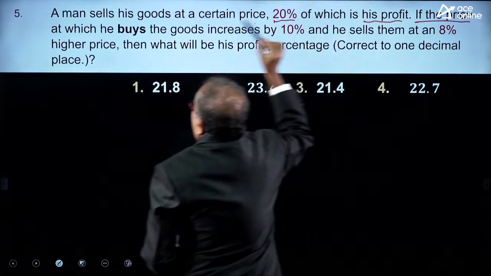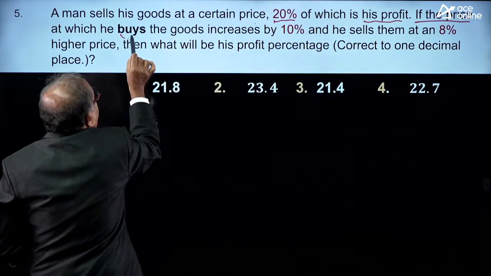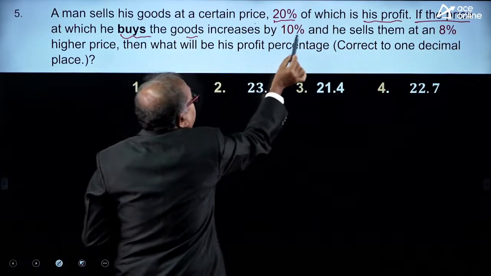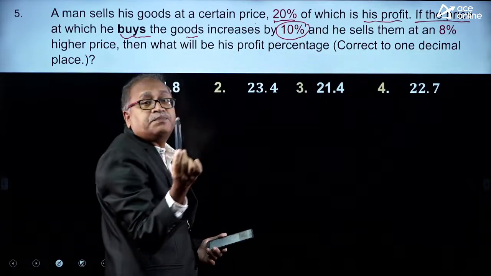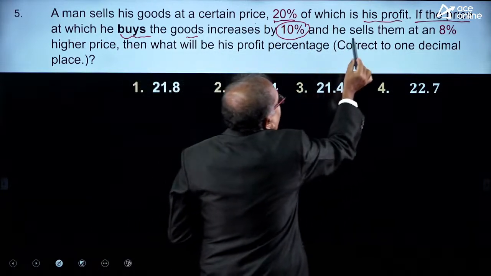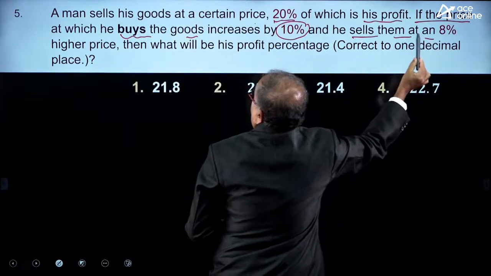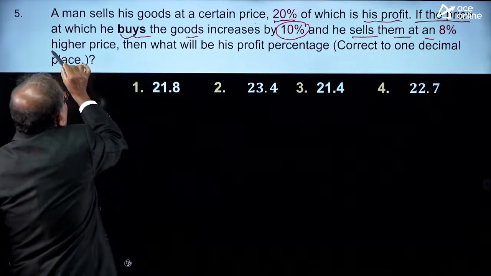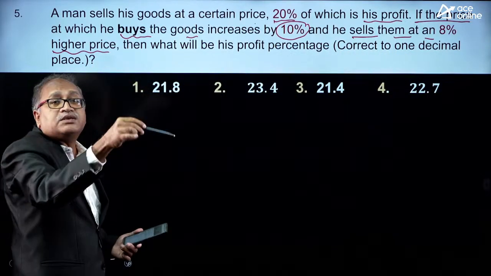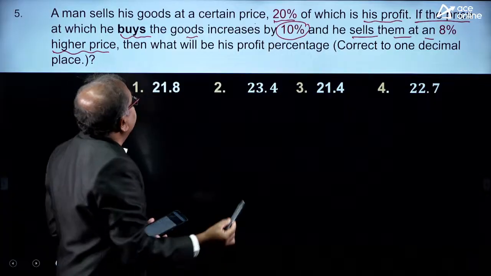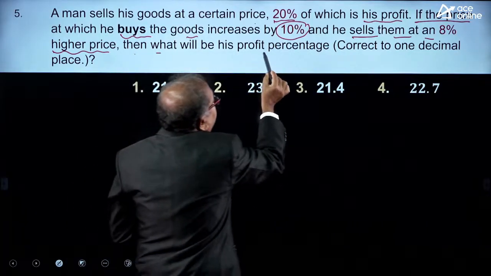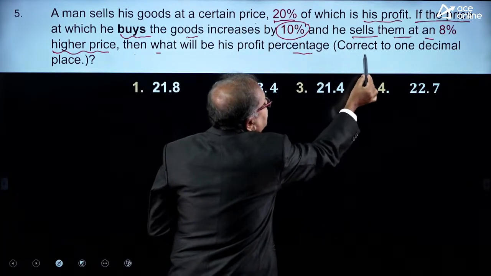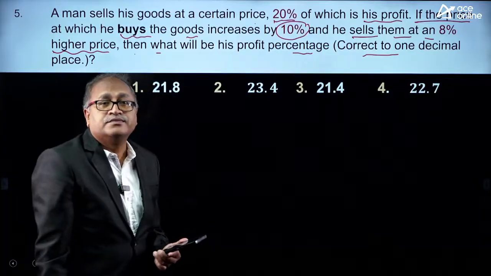If the price at which he buys the goods is increased by 10%, CP is increased by 10%, and he sells them at 8% higher price, selling price increased by 8%, then what will be the profit percentage correct to 1 decimal?